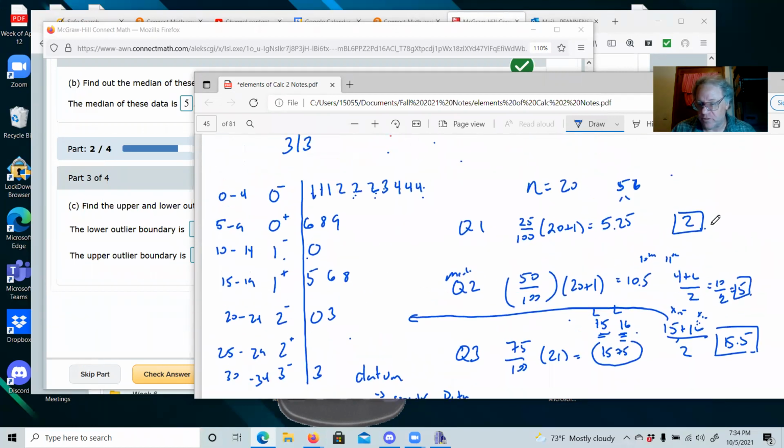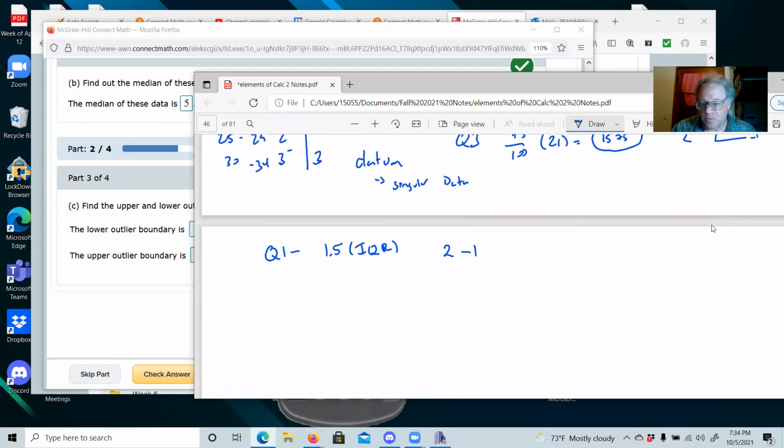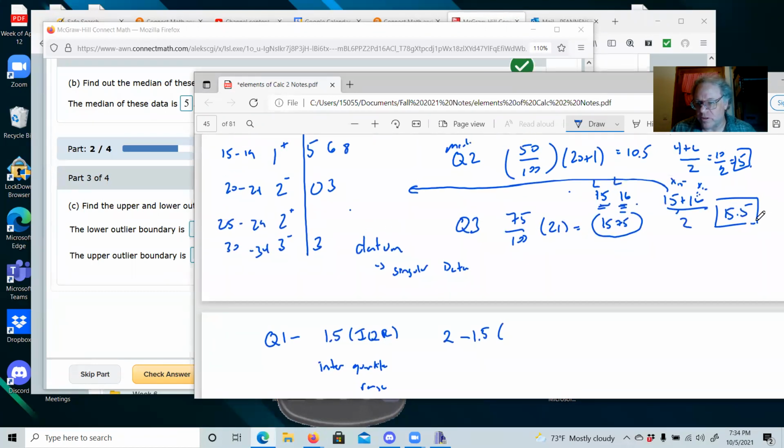That was our first quartile, 2, minus 1.5, and then we need the interquartile range. Remember, the interquartile range is Q3 minus Q1. Okay, so this is 2 minus 1.5, and we have 15.5 minus 2.